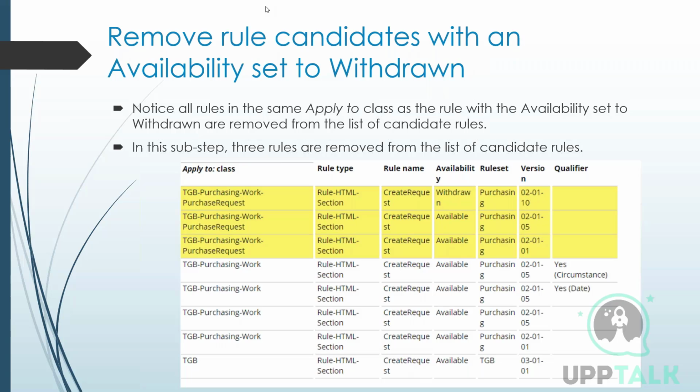So suppose in the rule candidates you don't have any withdrawn rule, then the system is not going to discard anything. So whatever you changed earlier in your withdrawn rule will be available along with the other rules with the same properties, and they will also be involved in the algorithm.